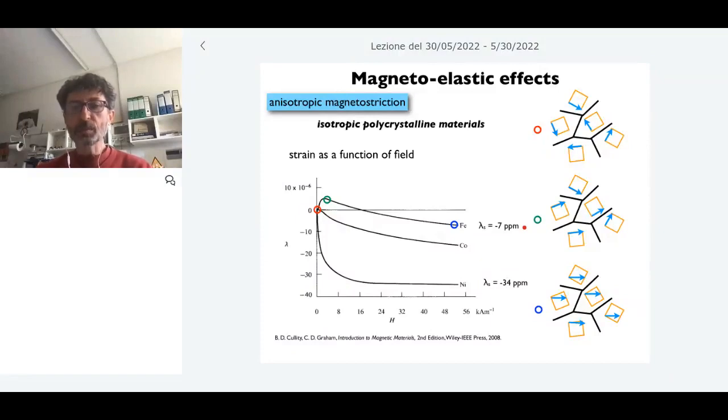So this is quite important, because using polycrystalline material or using single crystal makes a lot of difference when we talk about magnetoelastic effect. So the crystal structure, the polycrystalline structure, the orientation of the grain is extremely important.